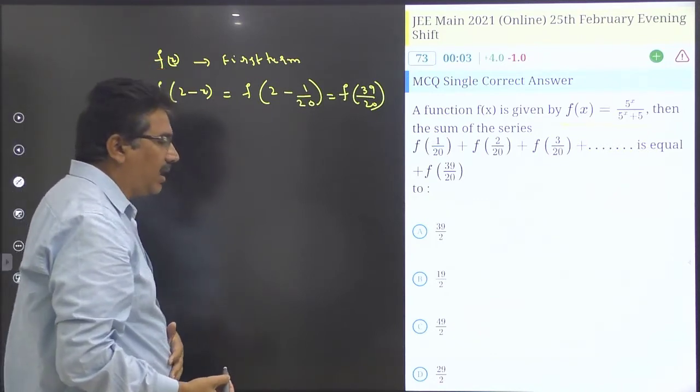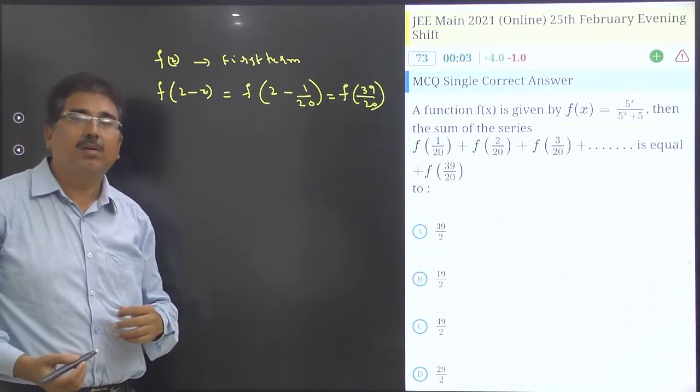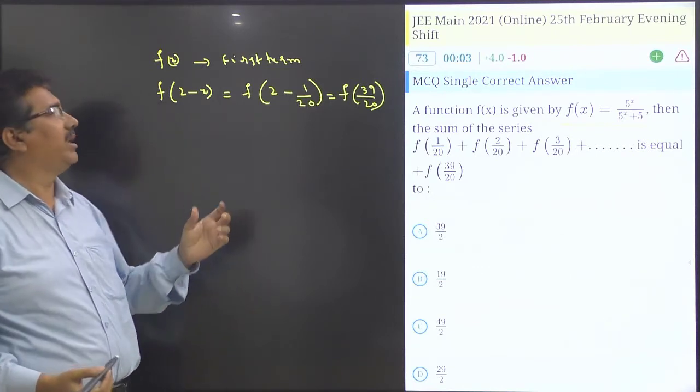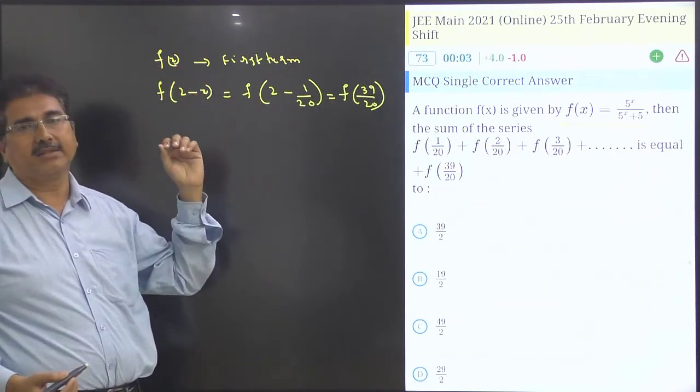From the given function, establish a relation between f of x and f of 2 minus x.